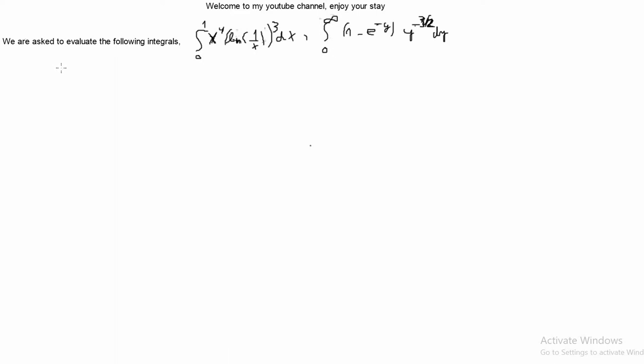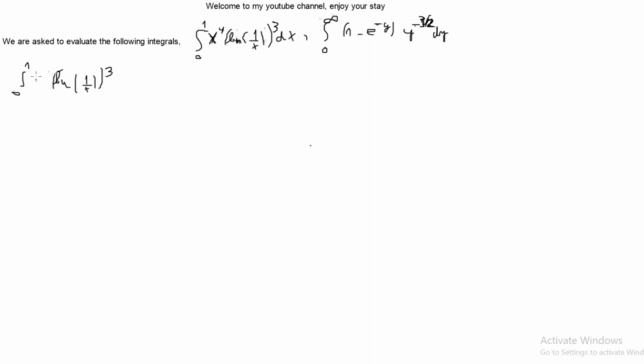Okay, let's do the first integral from 0 to 1, x to the fourth, ln of 1 over x, everything to the power of 3. Okay, what will I do in this integral?